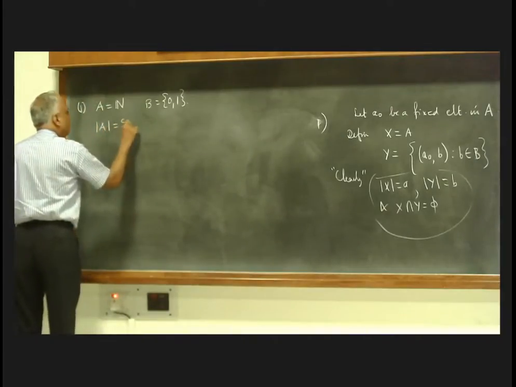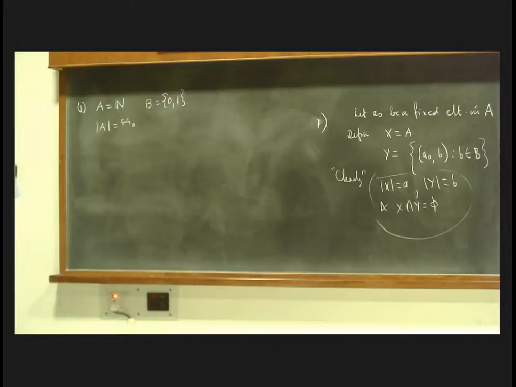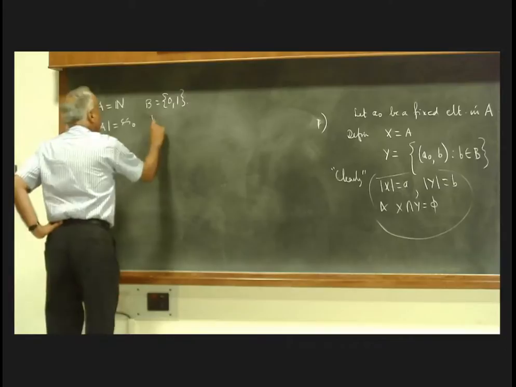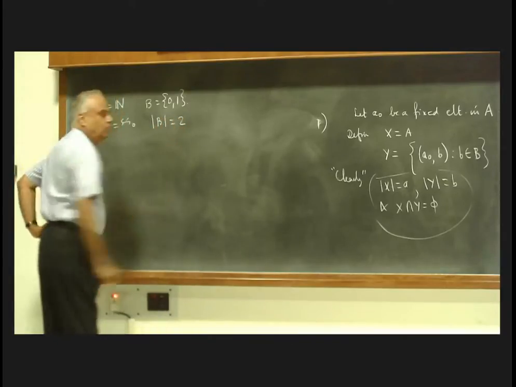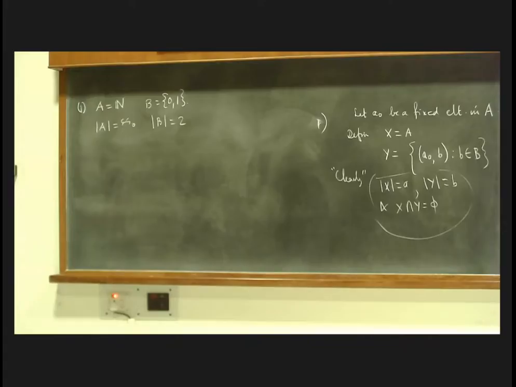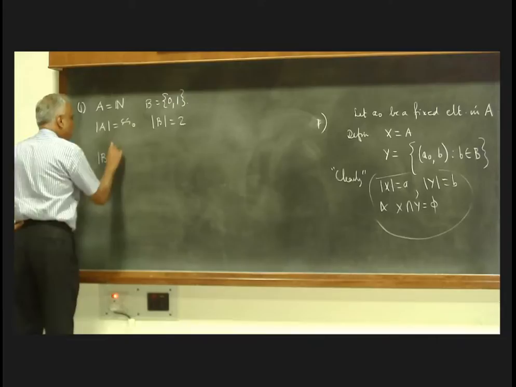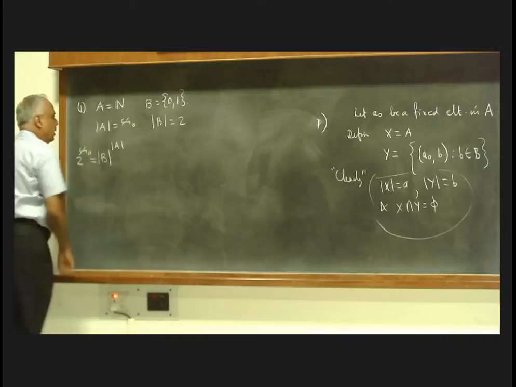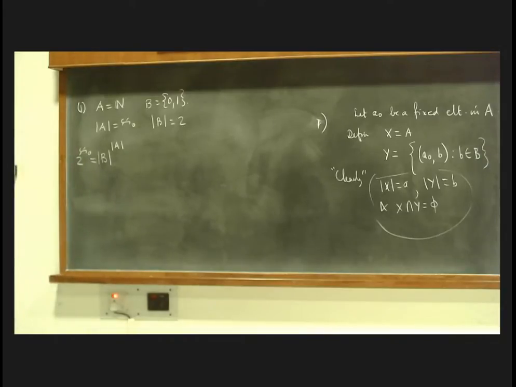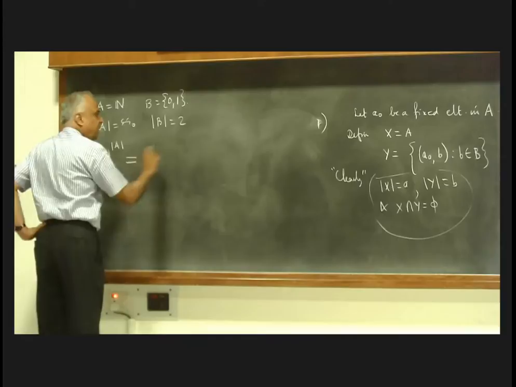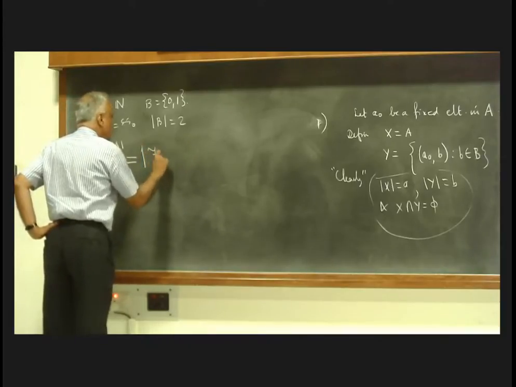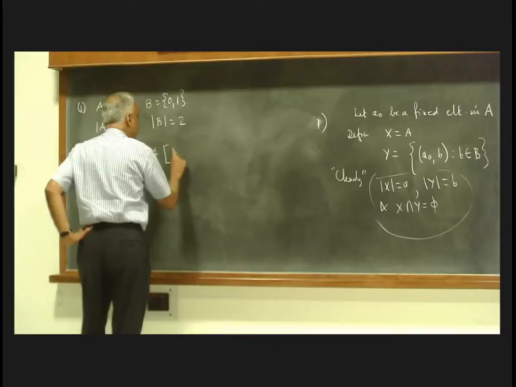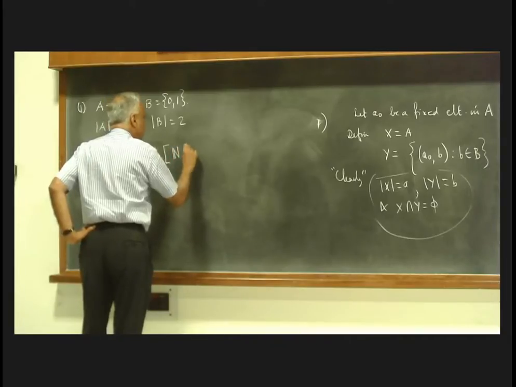The cardinality of A is what we called Aleph naught, the countable infinity. And the cardinality of B, the two elements, is a finite cardinality. So mod B power mod A, which is the same as 2 to the power of Aleph naught, by definition is equal to the cardinality of all the functions from A to B.